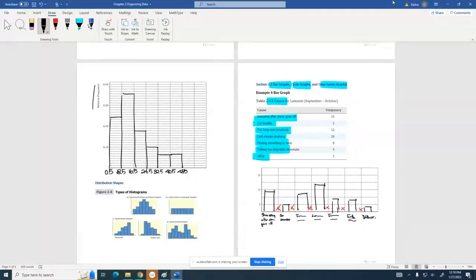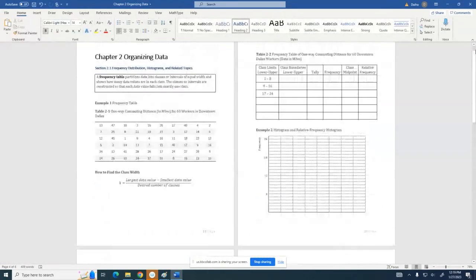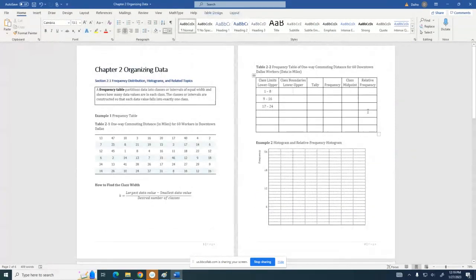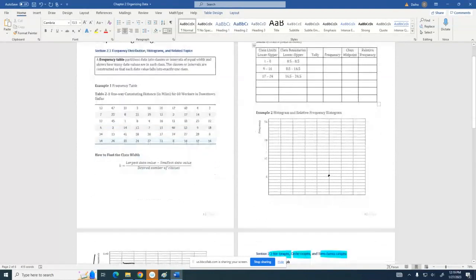Why? It's because of the boundaries. Do you remember the class boundaries? We determine the class limits first, and then we take 0.5 to 8.5, and the next one, 8.5 to 16.5, and the next one will be 16.5 to 24.5. See?